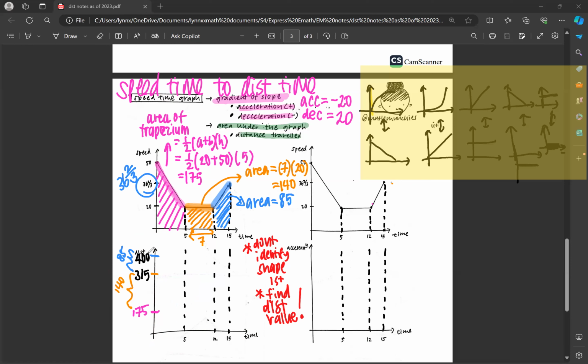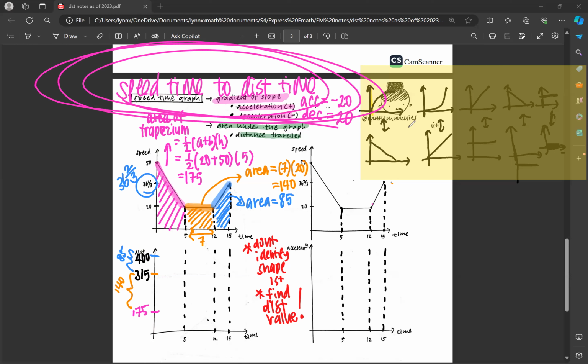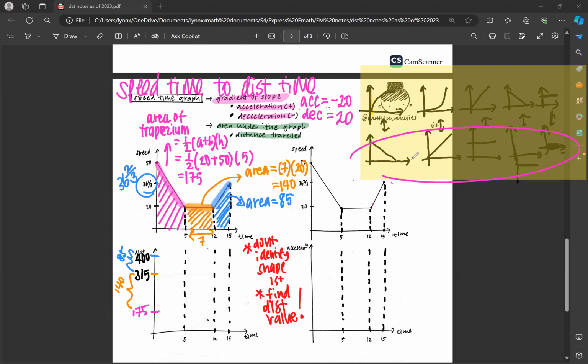So can you see my proportion is actually very good? My proportion of my scale is okay. So now I can do the shade. Understand so far? So now when I go from a speed time graph to a distance time graph, is it top to bottom or bottom to top? Yes, it's from bottom to top.